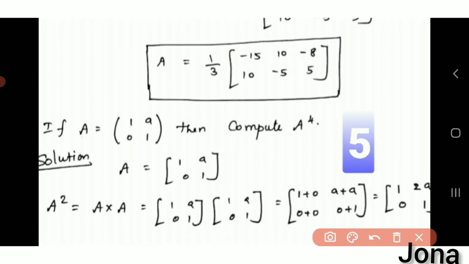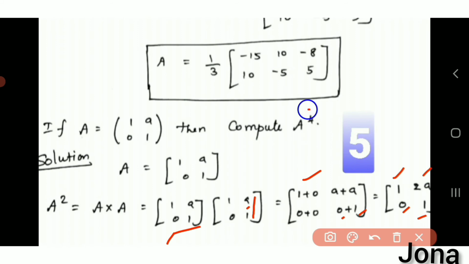And then second row, second column, that means 0 into a is 0, 1 into 1 is 1. So we can add this, that means 1 plus 0 is 1, here 2a, here 0 and here it is 1. So this is the value of A square.